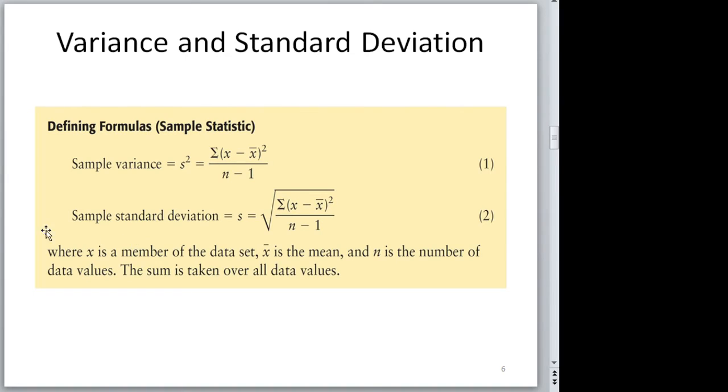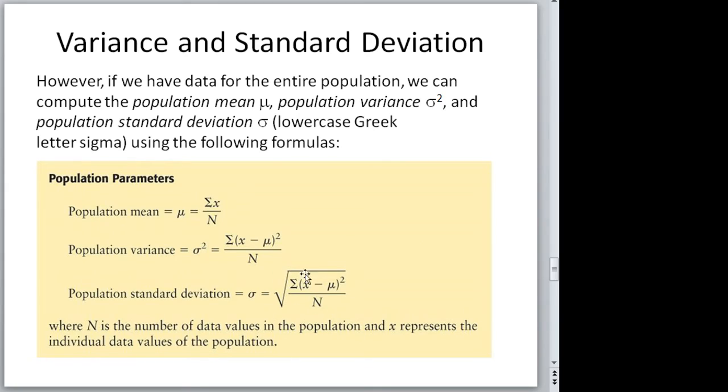This formula right there. The main difference is just that we divide by n minus 1. If it's population data, then we use this, where we divide by the uppercase N.